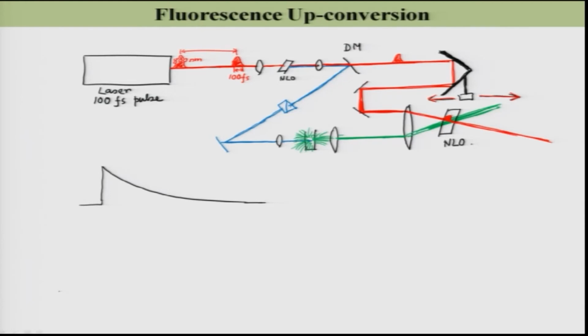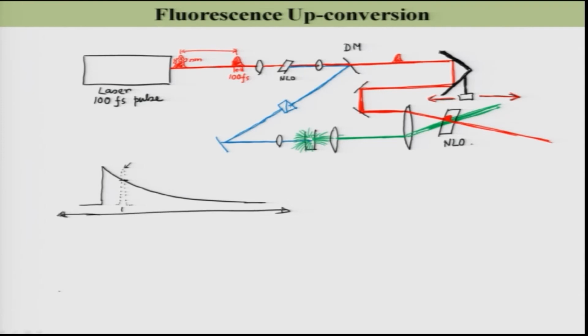Now, when this 800 nanometer femtosecond pulse comes, you can guide it by moving this mirror system. So, you can choose that the 800 nanometer pulse will come at this point of time, then the total intensity will be proportional to the intensity of this 800 nanometer light and the fluorescence intensity over here. So, this is movable. You can put this 800 nanometer, the red one, wherever you want.